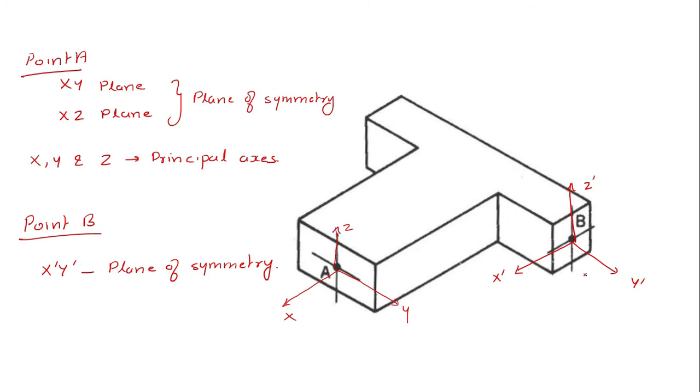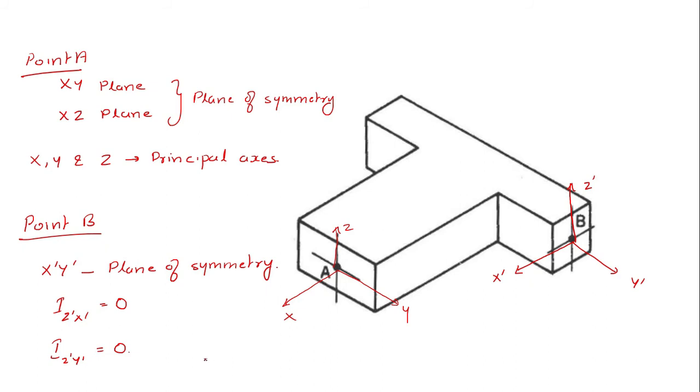The product of inertia between the axis that is normal to the plane of symmetry and any one of the axes lying in the plane will be equal to 0. So I can write I z dash x dash equals 0, as well as I z dash y dash equals 0.